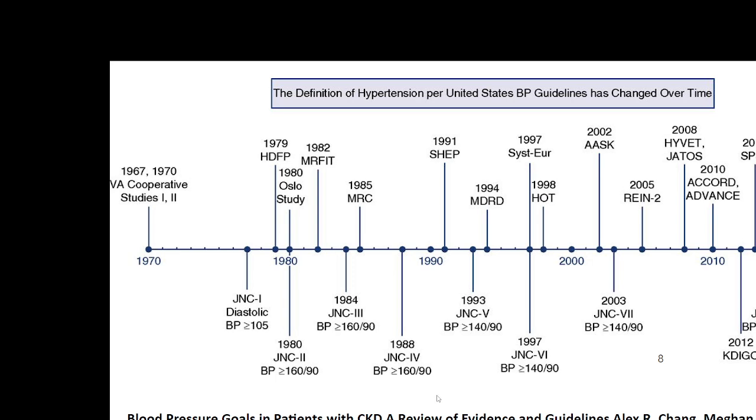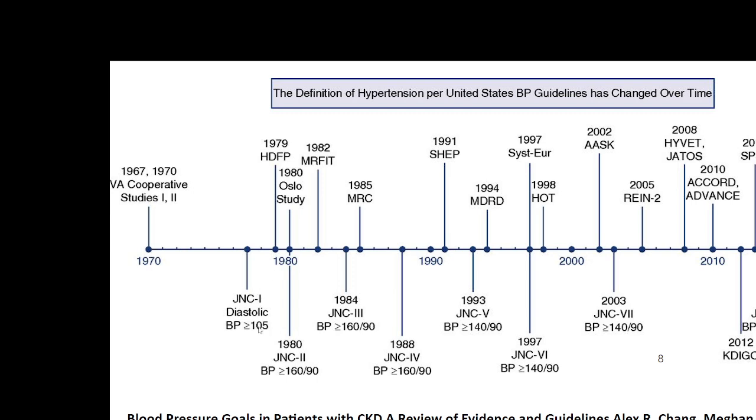Now, as far as the issue of what is the normal circulatory pressure, that is another highly controversial issue. The normal circulatory pressure was defined at different time periods. In 1970, the VA cooperative society first gave the guideline that there is a normal circulatory pressure and some abnormal pressure.